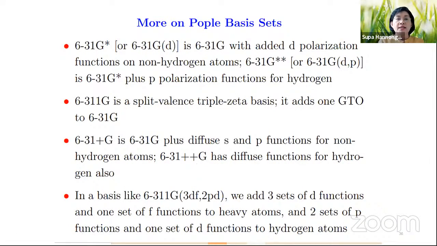So in a basis like 6-31G(3df, 2pd), you can add 3 sets of d function and 1 set of f function to heavy atoms, and 2 sets of p function or 1 set of d function to hydrogen atoms. Yeah, this is quite complicated.